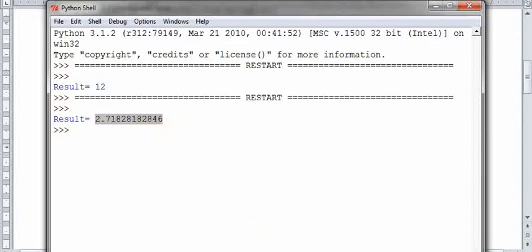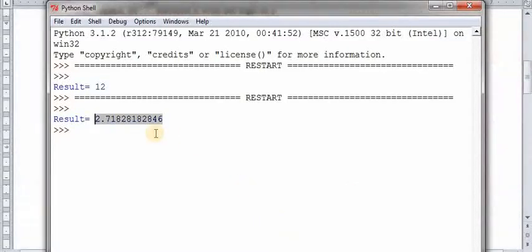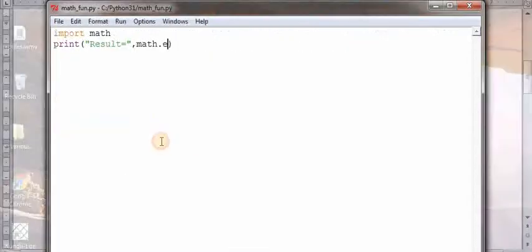Now the next function is exp(x). It returns e to the power x. Here you will get the value of e, and the exp function will return e to the power x. Let's check how to apply it.